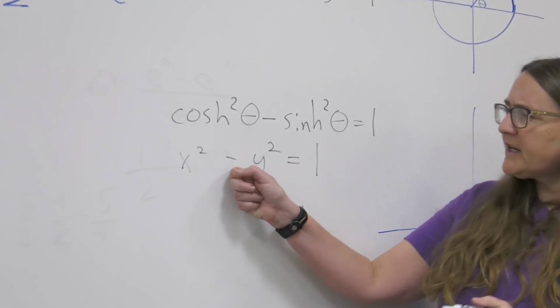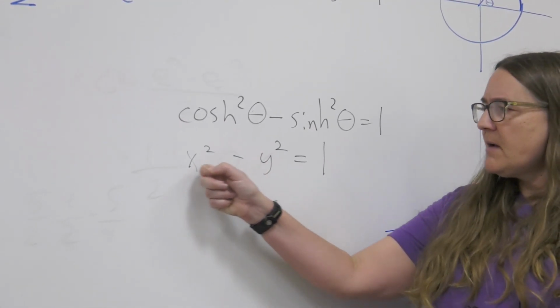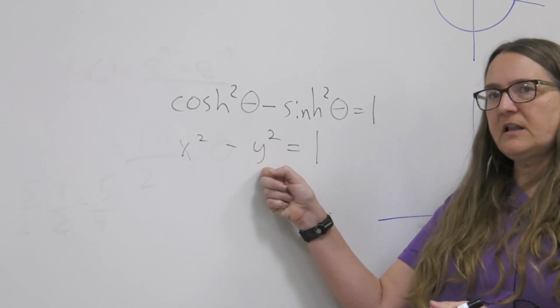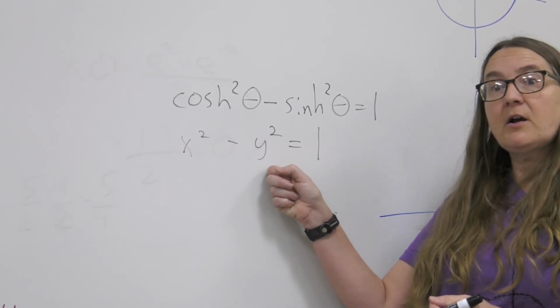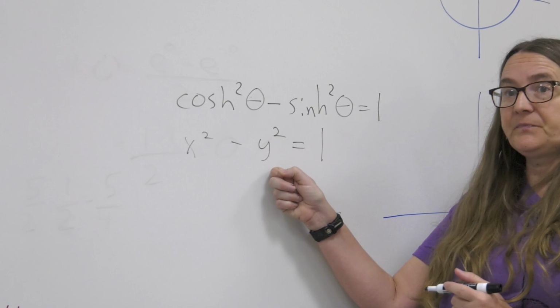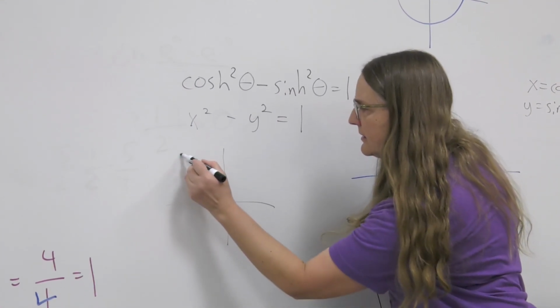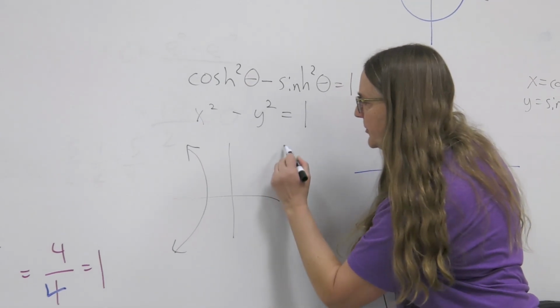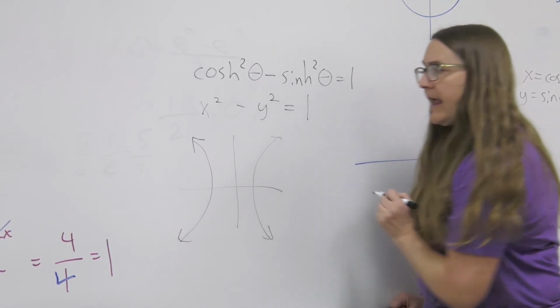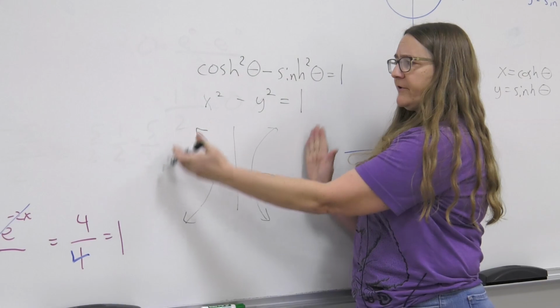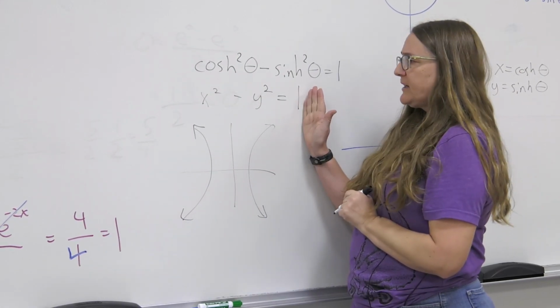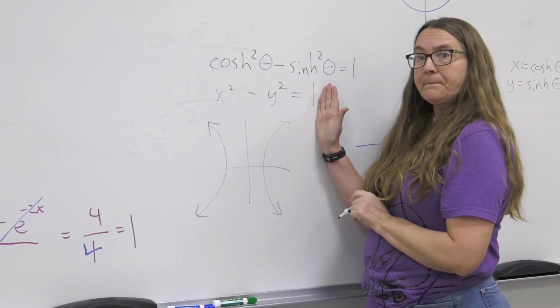Not the unit circle because of that subtraction sign, but when I'm subtracting squares like this, it is going to give me what we call the unit hyperbola. Now the unit hyperbola, if I were to graph this whole thing, would look like this. It would have a left branch and a right branch. That's the graph of this equation, x squared minus y squared is equal to 1.